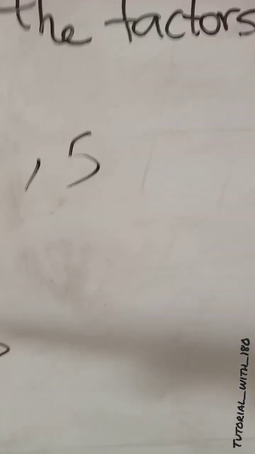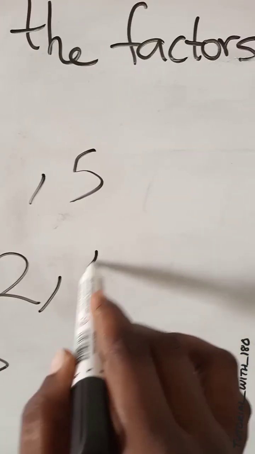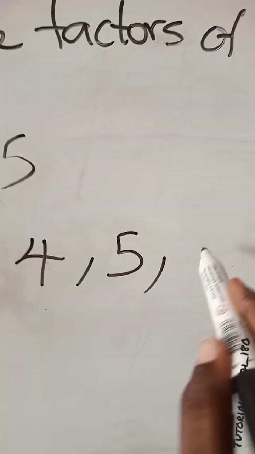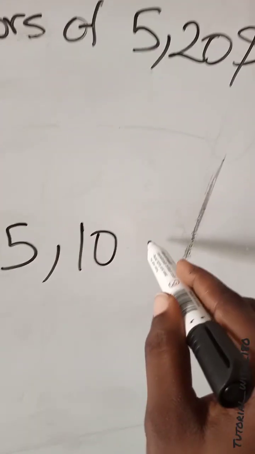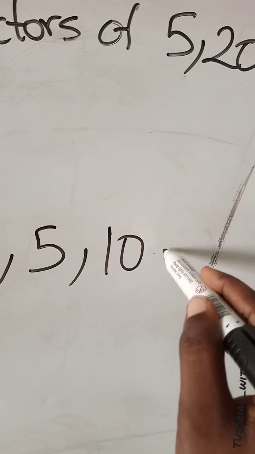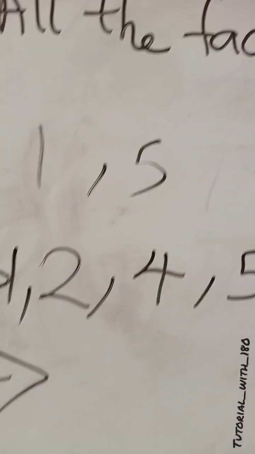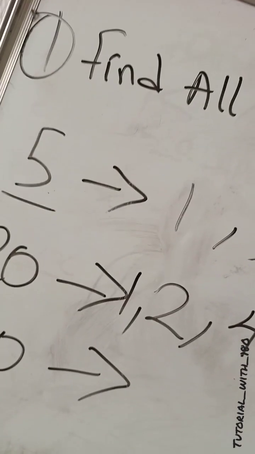So with that, the factors of 20 are 1, 2, 4, 5, 10, and of course the number itself, 20. These are all the factors of 20.